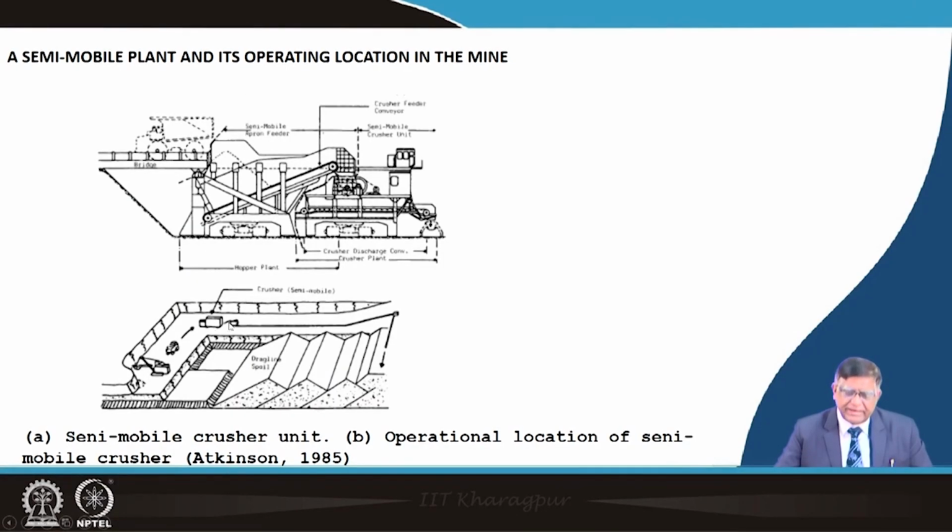Because it is mobile, as the phase changes in one place, it can be moved to another place. After the mine advances, if your face is coming over here, then to reduce the distance travelled by the truck, the semi-mobile crusher can be placed over here, and the conveyor belt can be extended and the work can go on.